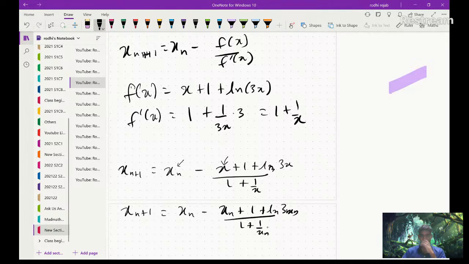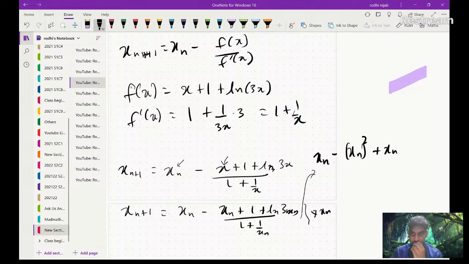After this, we just have to multiply this equation by x_n to make it simpler. So we get x_n squared plus x_n plus x_n ln 3x_n over x_n plus 1.